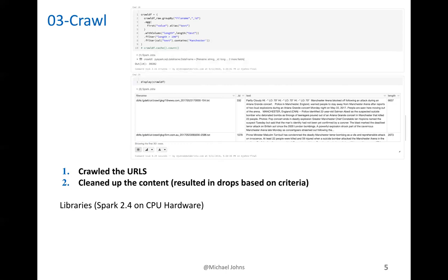So the data's crawled, it's cleaned up. There's some filtering around various things that happen in the data to get down to that text column that you can see in the upper right, which has the main information, the article content itself.